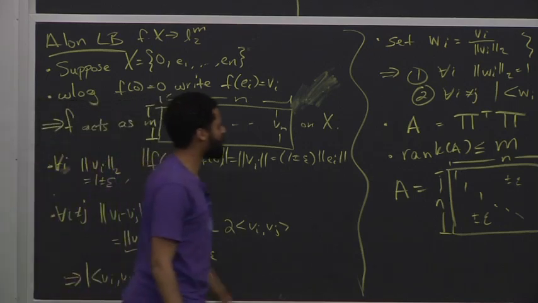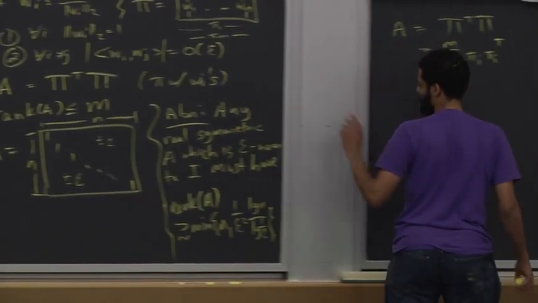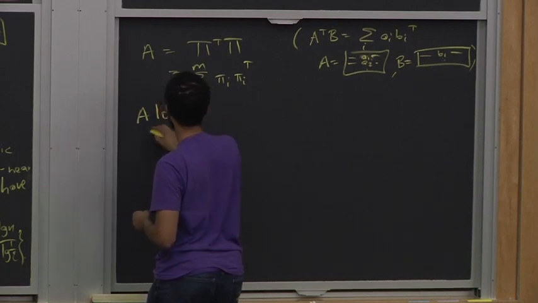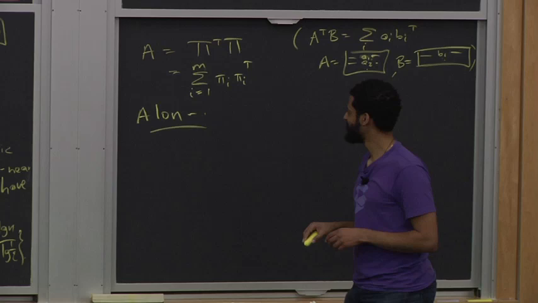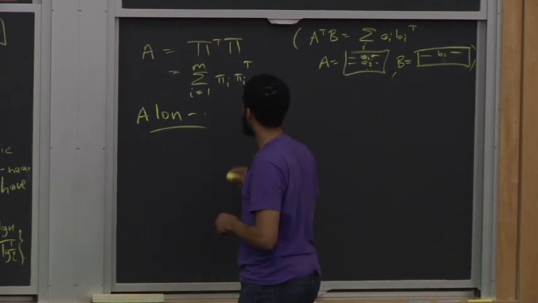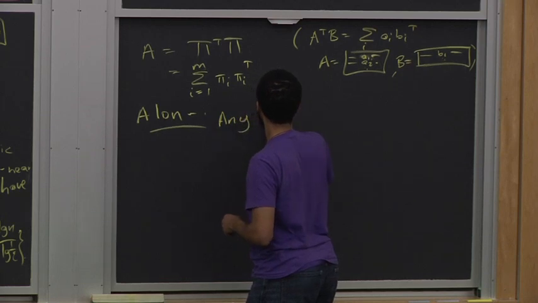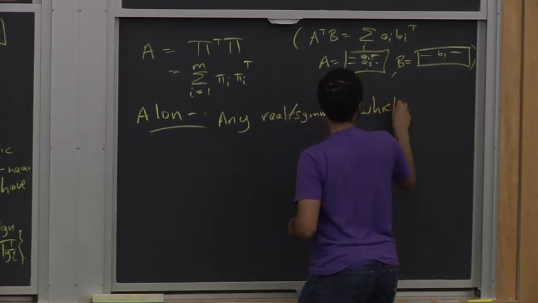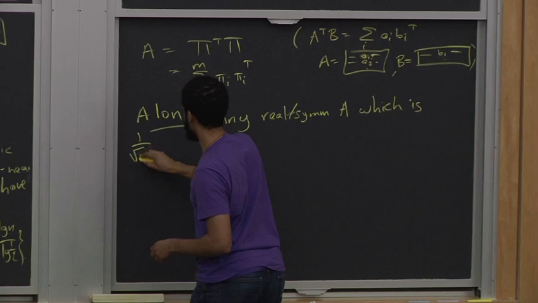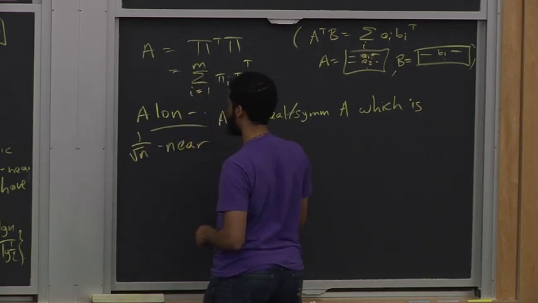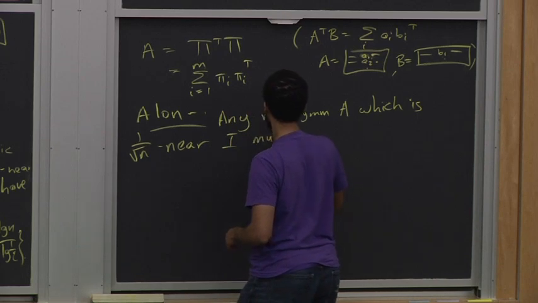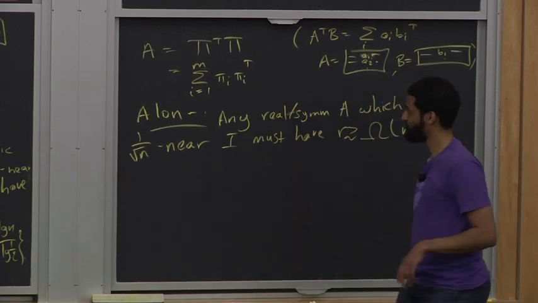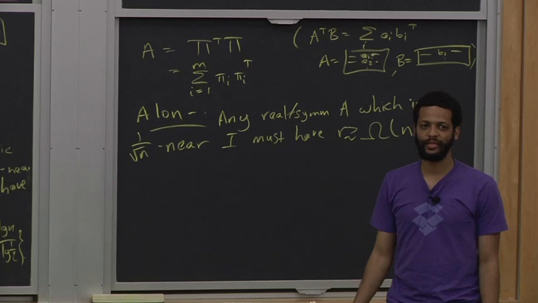Okay. So before we prove Alon's thing here, this is how he did it, we're going to prove Alon minus, which is pre-Alon, which says that any real and symmetric A, which is 1 over root n near the identity, must have rank r, which is at least omega of n.